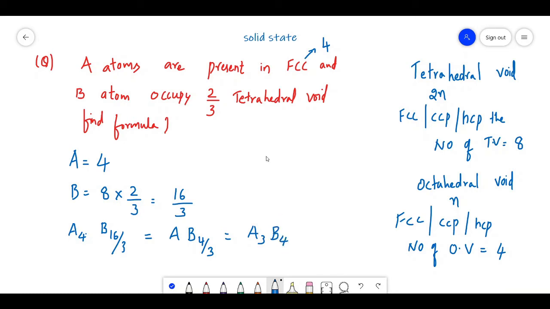That's all. So just see how many tetrahedral voids are there. Sometimes instead of this 2 by 3, he will give percentage also.